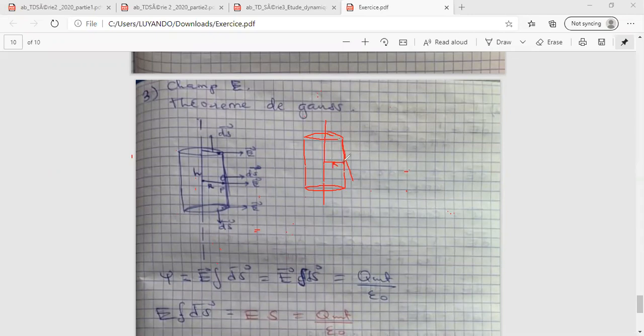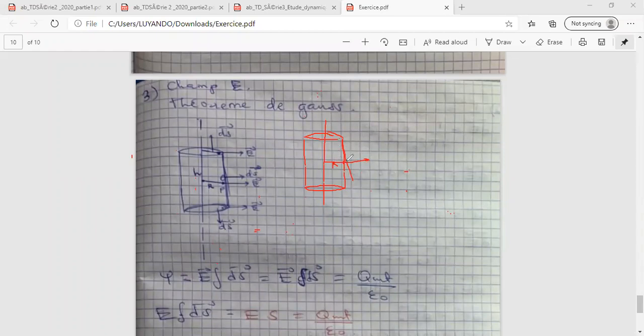I know that my electric field at this point is always in the outward direction. The direction of the surface area vector is also outward.